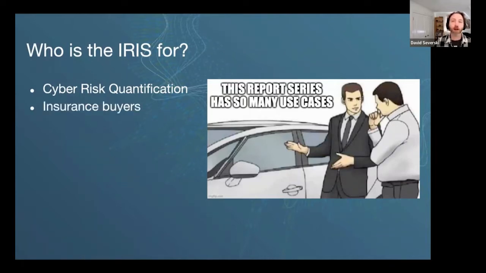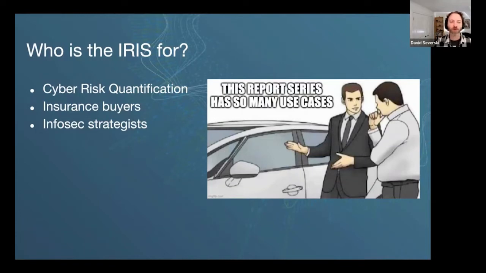There's insurance buyers. If you are in the market for buying cyber risk liability insurance, you may need to know how big these events are, so that when you're trying to size policies, you can size them based upon what you're concerned about in your organization. Well, the IRIS can help you with that. Information security strategists, when you're trying to decide what controls to deploy, or what are the things you need to be most worried about, how do you prioritize your efforts?